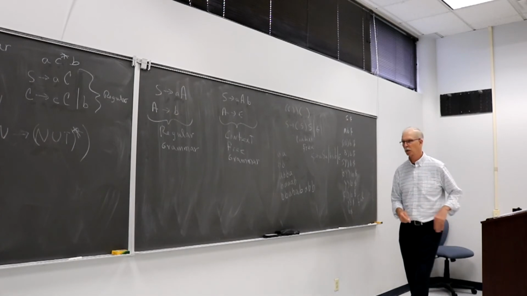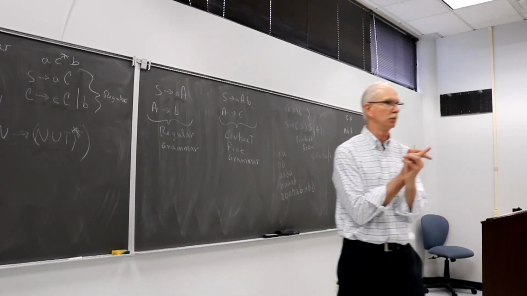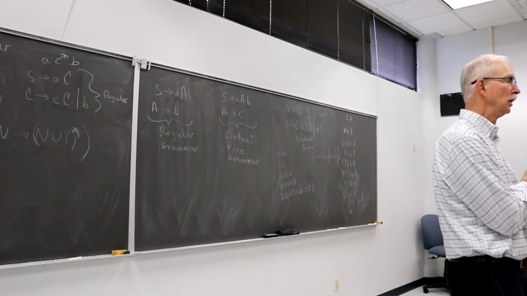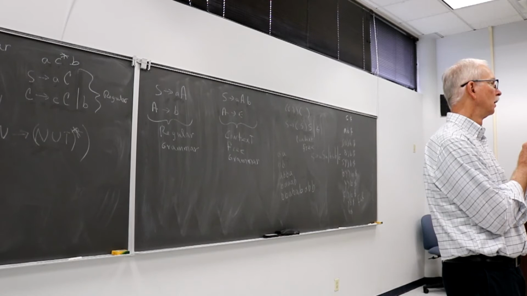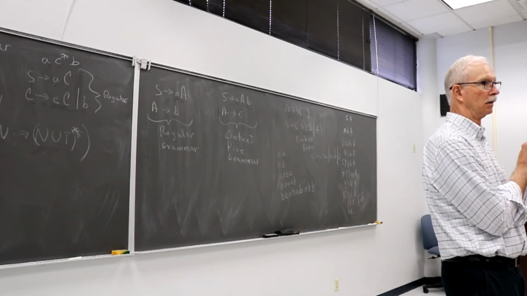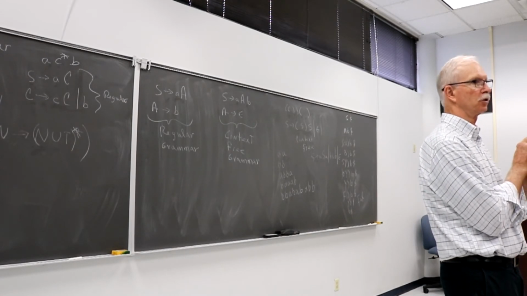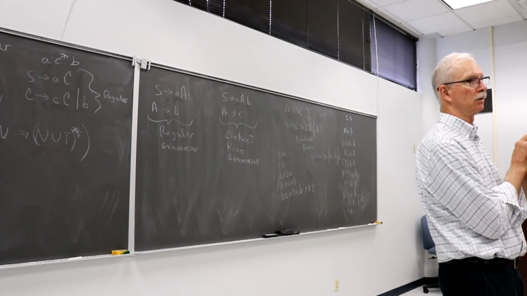In a regular expression, you know the star and the bar and the parentheses are meta symbols. Just like the regular expression I gave you for floating point numbers, the question mark was a meta symbol, the parentheses meta symbols. Some of the pluses were meta symbols.